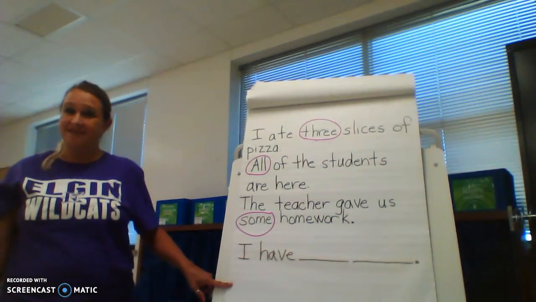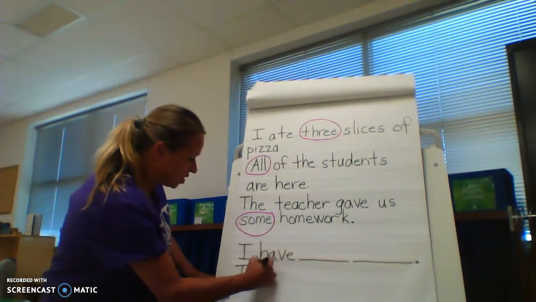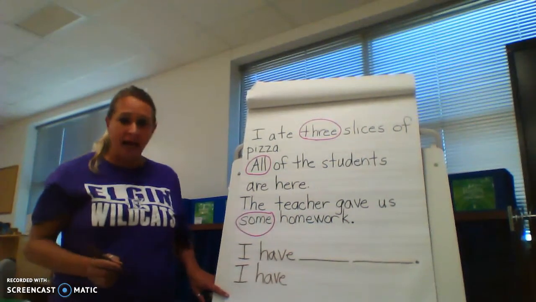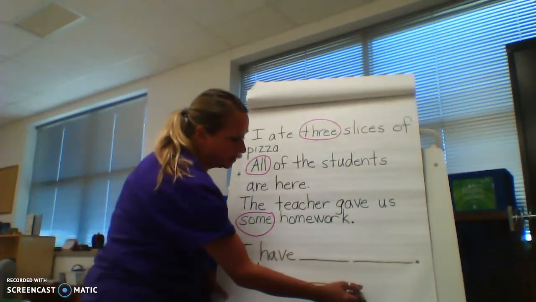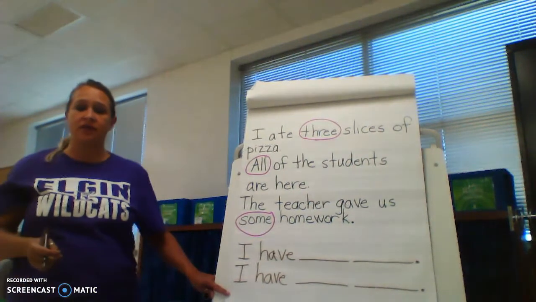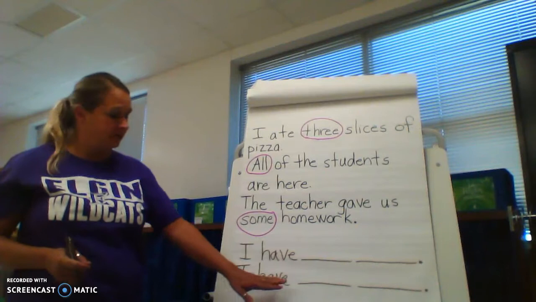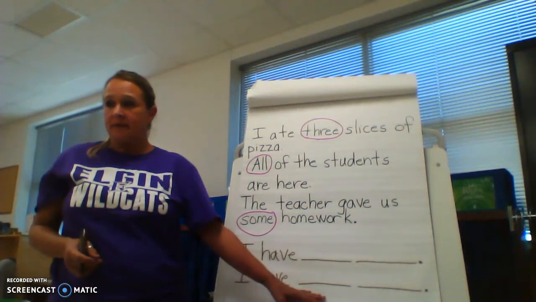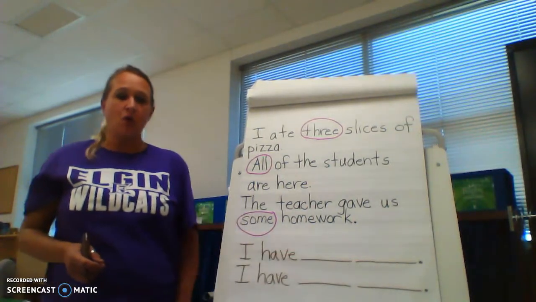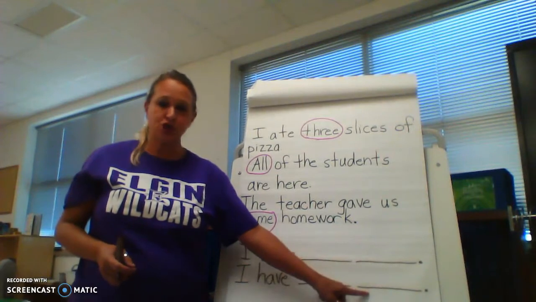Then you got to write another sentence for me. You guys are getting so good at writing these sentences. So I have blank, blank. So you can look around your house if you can't think of anything right off the top of your head and see if you have a lot of toys, or maybe you have some shoes.